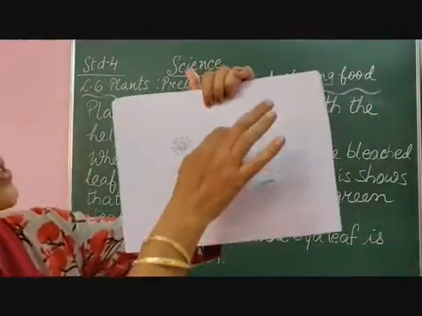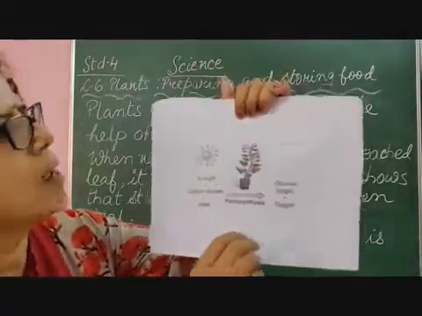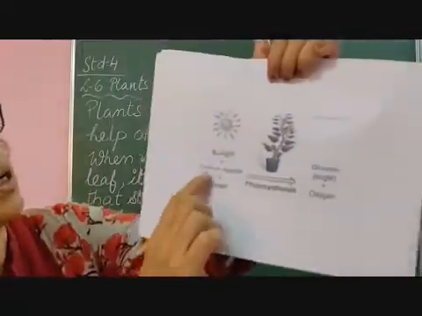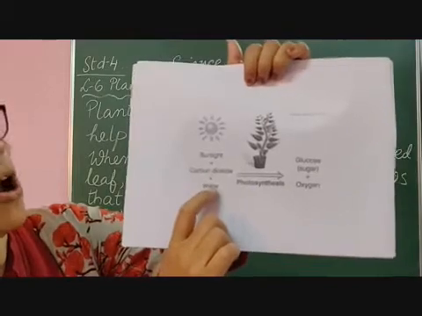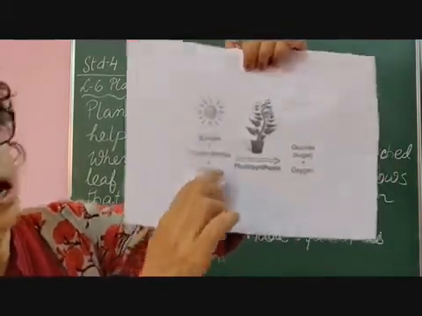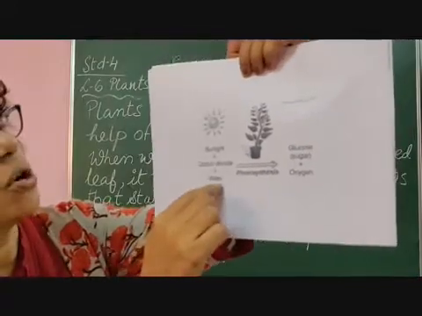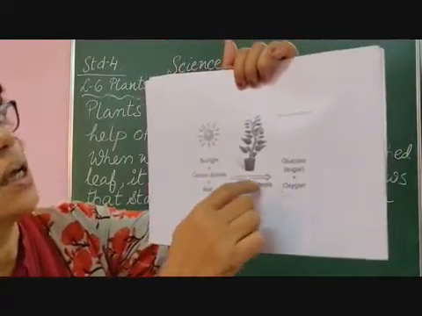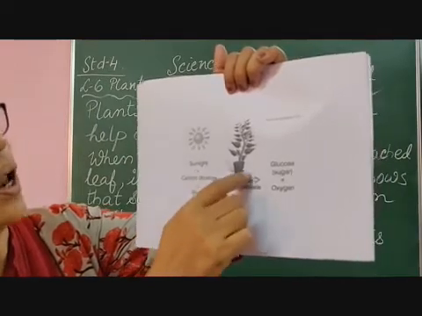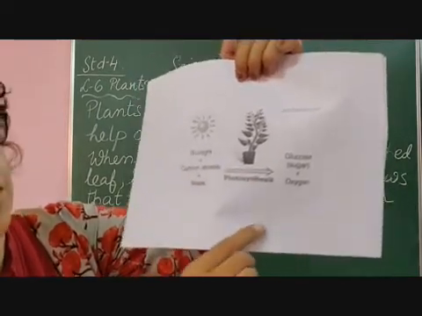this is the plant. Already I have shown you many times, many types of plant. They take the sunlight plus carbon dioxide plus water, means all these things are needed. With that help they make photosynthesis. They prepare the food.